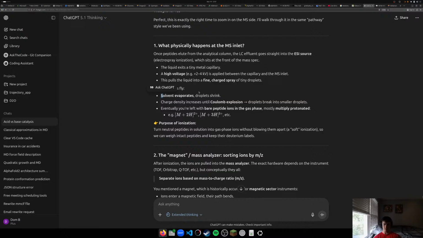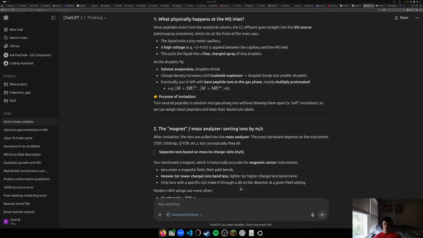As the droplets fly, solvent evaporates, droplets shrink, and charge density increases until Coulomb explosion. Eventually, you're left with bare peptide ions in the gas phase, mostly multiply protonated, without blowing them apart. Soft ionization, so you can weigh intact peptides and keep their deuterium levels.